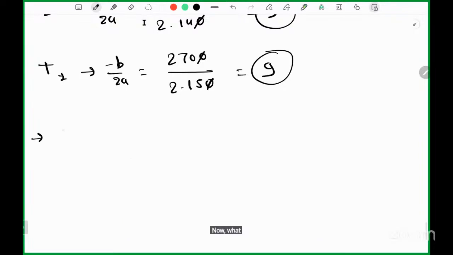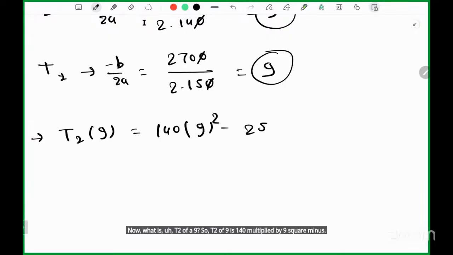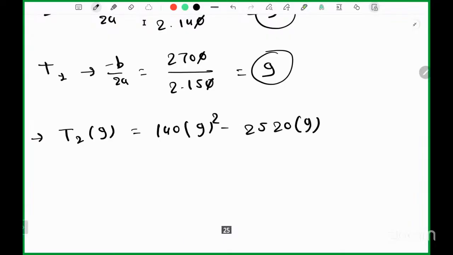Now what is T2 of 9? T2 of 9 is 140 multiplied by 9 squared minus 2520 multiplied by 9 plus 24080.